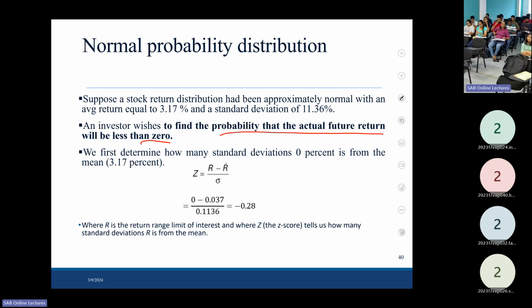Our average is 3.17 and the standard deviation is 11.16, so there is a rough idea of the range where this company's expected value lies. This is the average. If it goes higher, it is 3.17 plus 11.16, and if lower, 3.17 minus 11.16.